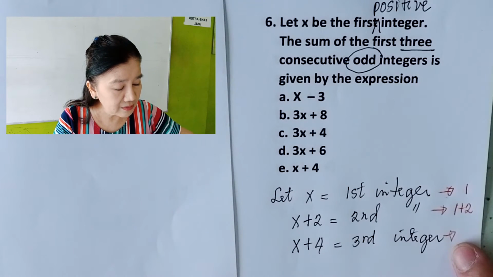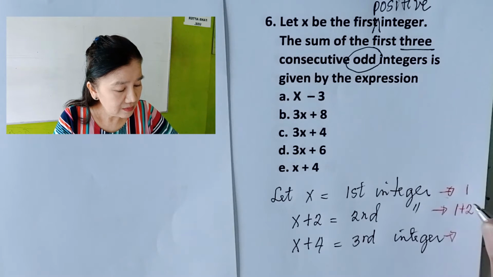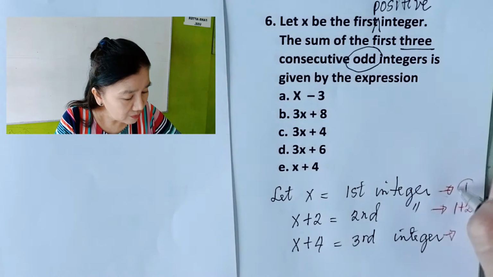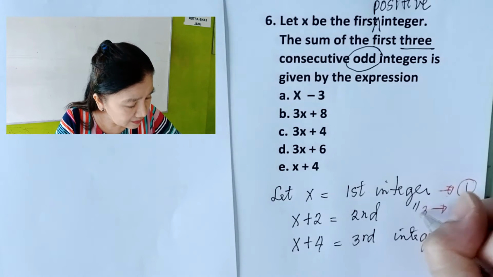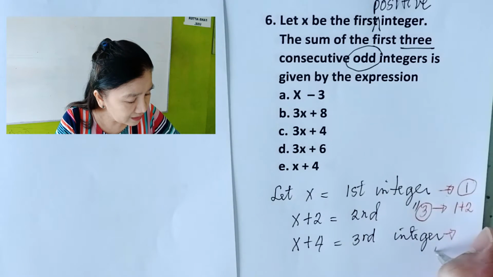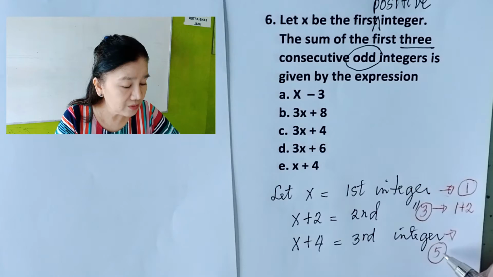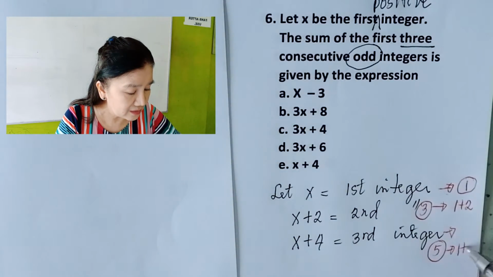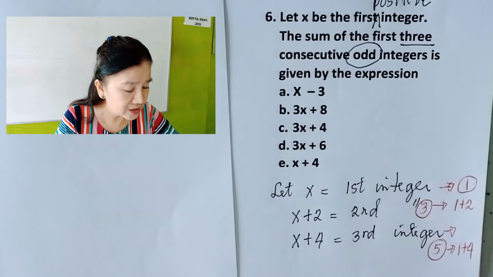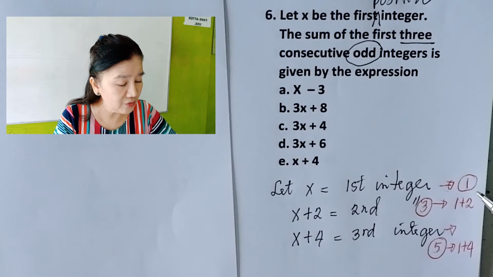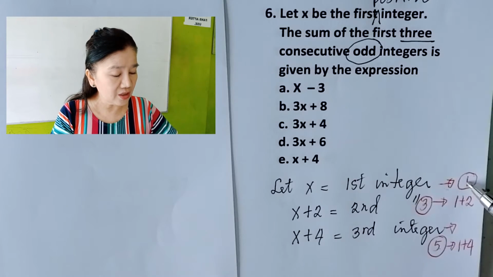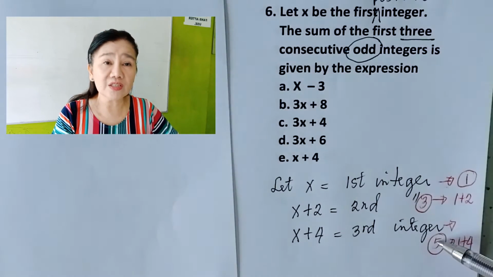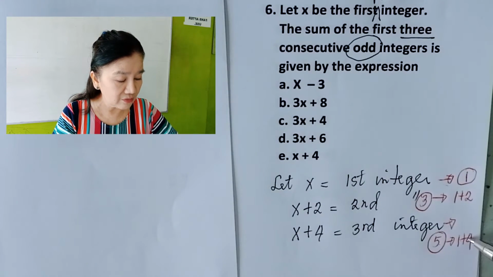Now, what about the third one? You have here 1, then 3, and then 5, isn't it? How do you get 5? Using 1, you add 4. 1 plus 4 is 5. So your consecutive odd integers are 1, 3, and 5. That's the reason why you added 2 and 4 here.